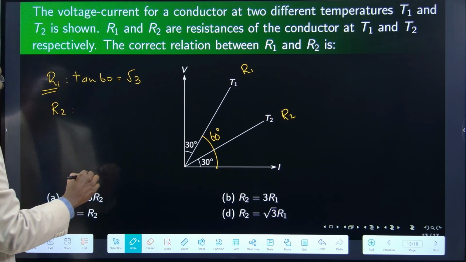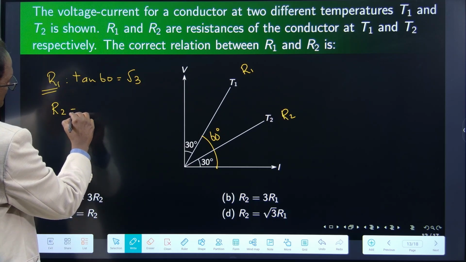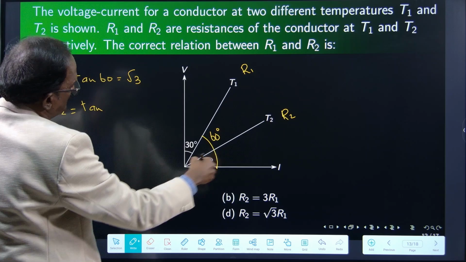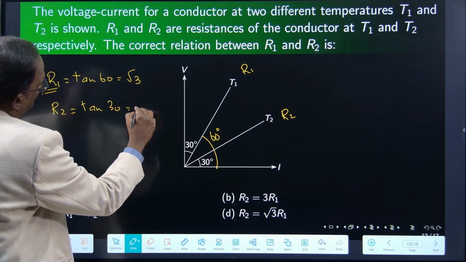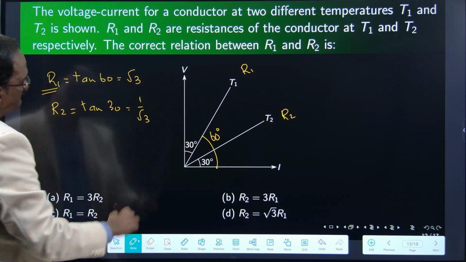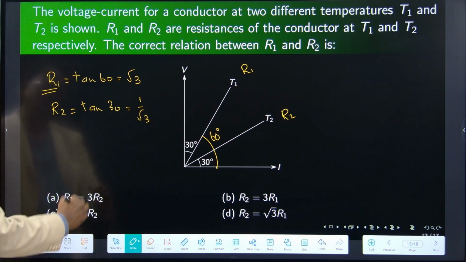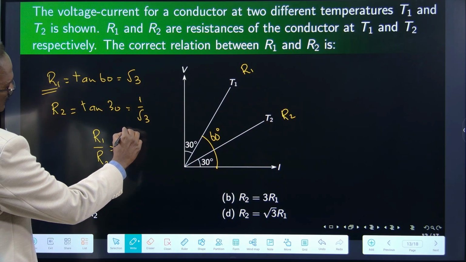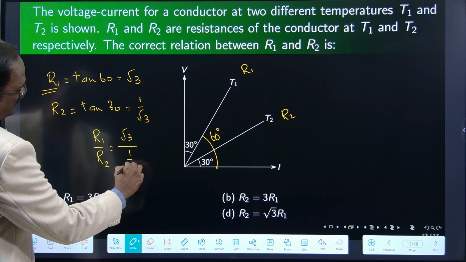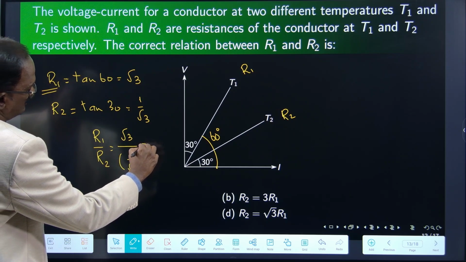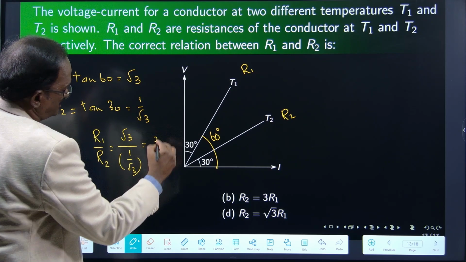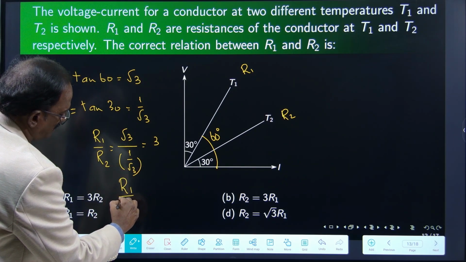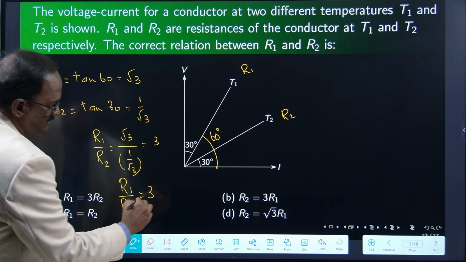For R2, tan 30, this is 1 by root 3. R1 by R2 is equal to root 3 upon 1 divided by root 3, which is equal to root 3 into root 3. So this is 3. R1 by R2 is equal to 3. That is the answer.